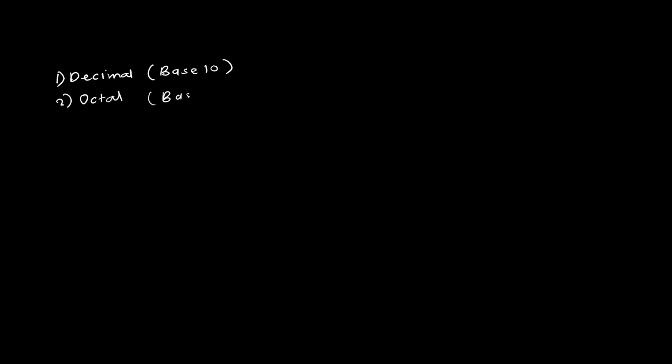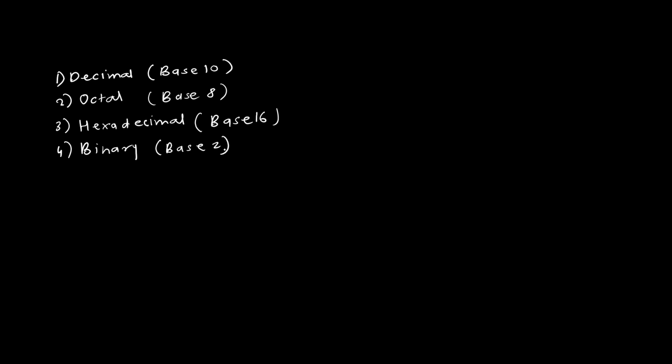Our octal numbers have a base of 8, and our third number representation is hexadecimal, which has a base of 16, and our last number representation is binary numbers, which has a base of 2. So these are the four types of number representation which we can use in our programming.